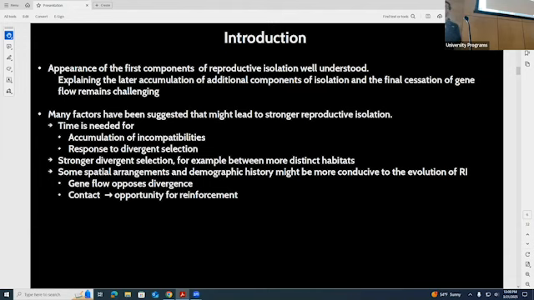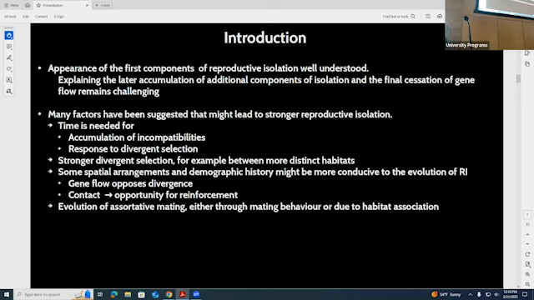But a secondary contact, which is a contact between populations after they've been geographically isolated, is an opportunity for gene flow, but it's also an opportunity for the appearance of reinforcement, which can lead to higher reproductive isolation.